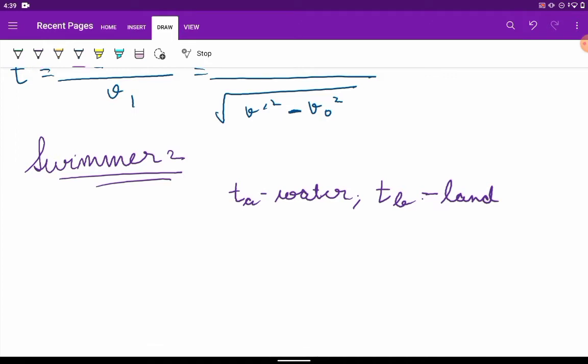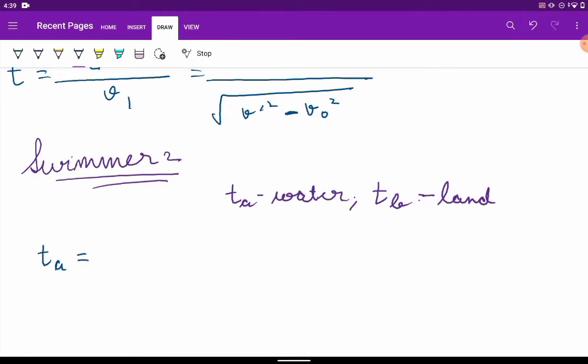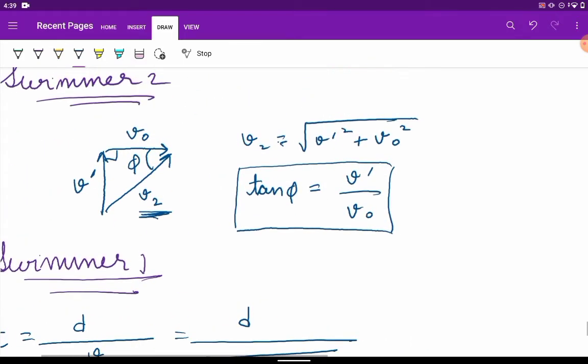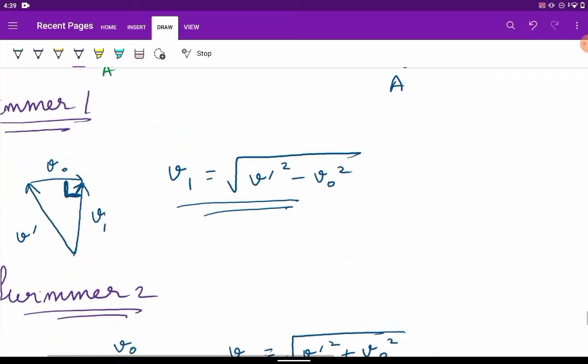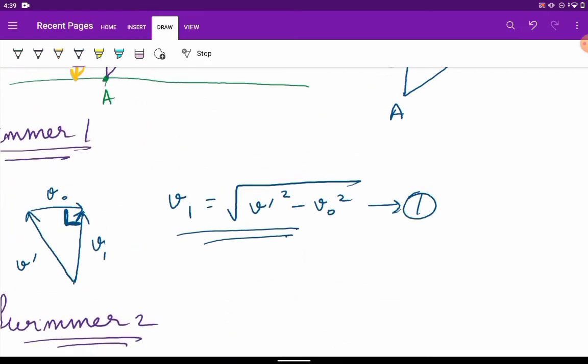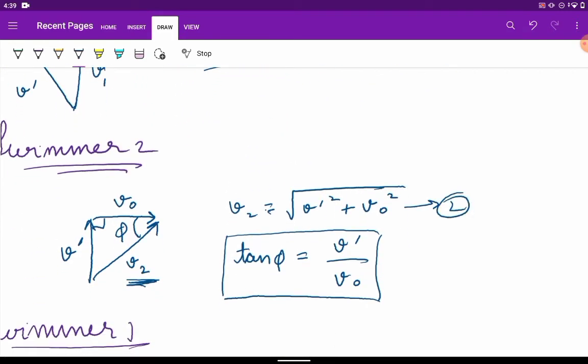So TA would essentially be the distance, the oblique, since L divided by V2 is nothing but L by, we already know what V2 is, root over. So I'll just label it as 1, this as 2, this as 3.